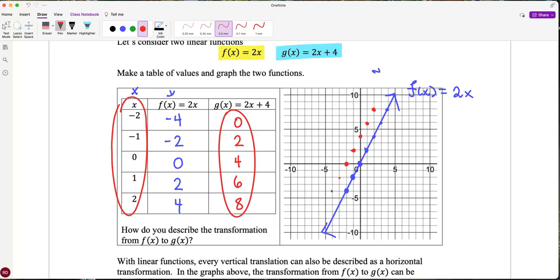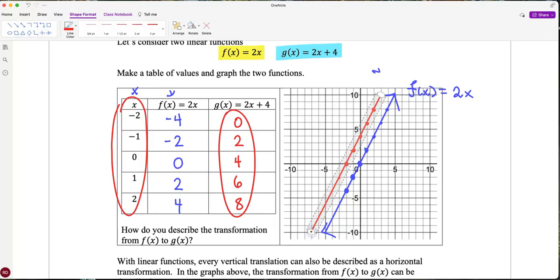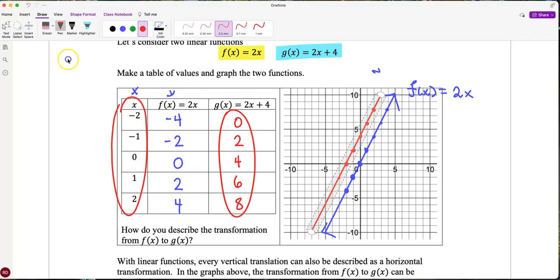So I see similar things going on here. Let's look at graphing this. So there we go for this one.